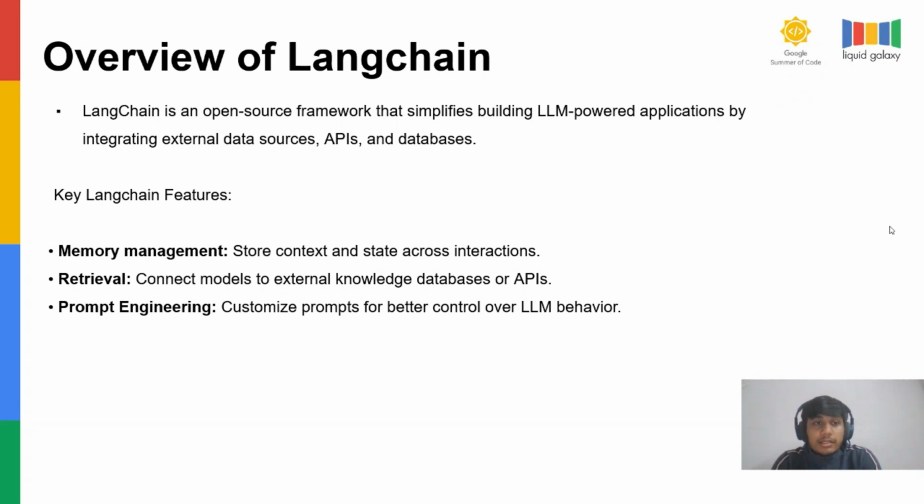LangChain in a nutshell is basically an open source framework that helps with almost any LLM that you want to use. Let us say you want to use Grok or OpenAI or maybe something else, maybe make something of your own, then LangChain provides you with the proper tools to do that.